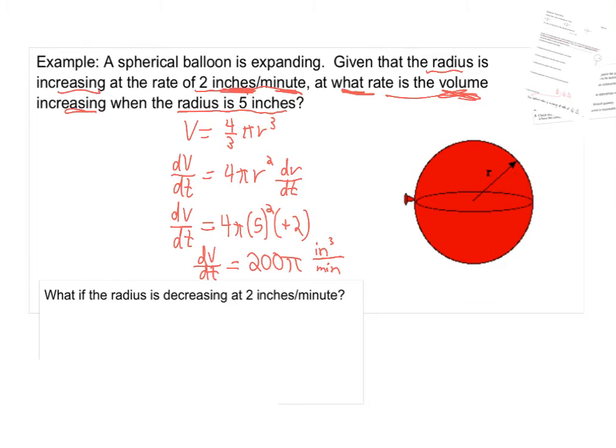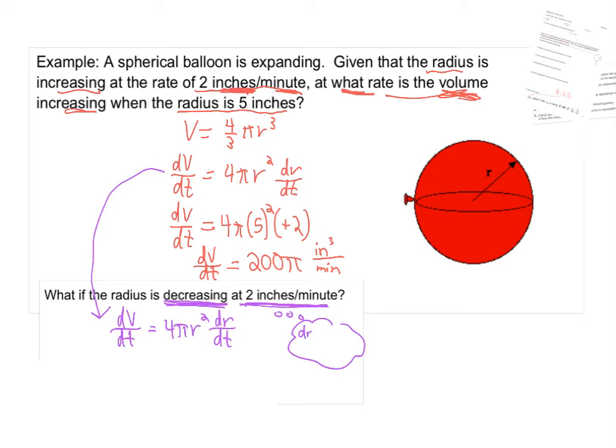Okay. The follow-up question to that is, what if the radius is decreasing at 2 inches per minute? We'll copy this equation since it'll start the same way. When it says decreasing at 2 inches per minute, dr/dt is going to be negative 2 inches per minute, because again, we associate a negative derivative with decreasing.